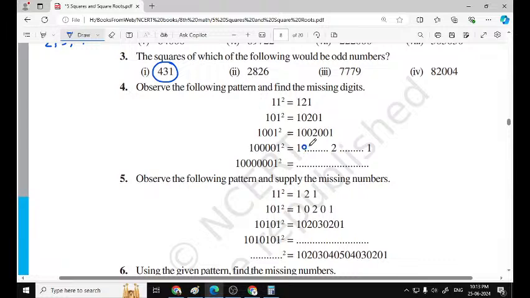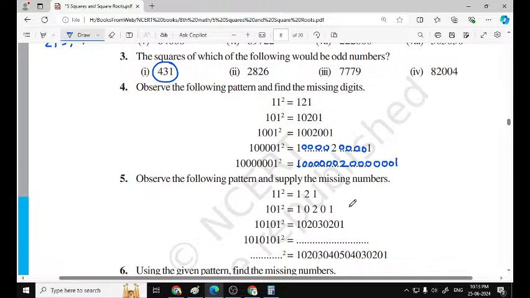So 1 2 3 4, then 2, then 1 2 3 4, 5, 6. So it is 1 0 0 0 0 0 2 0 0 0 0 0, 6 times 1.